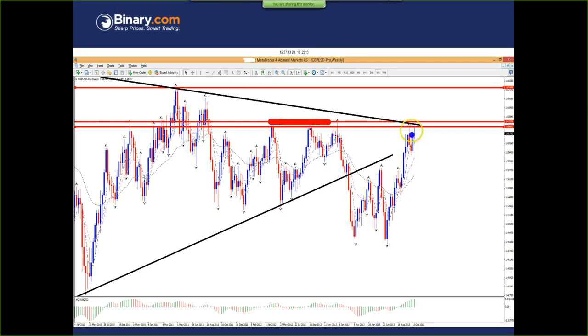Eventually it did, but only after it paused here for a significant time, made a bull flag chart pattern, and then broke to the upside. But the resistance was respected, and with respect I mean price stopped at that level and didn't break in one go. It first had to retrace, try again, failed, retraced, and then I think it broke, or maybe even again a retrace.